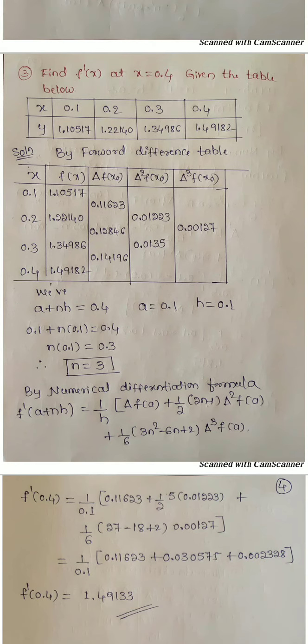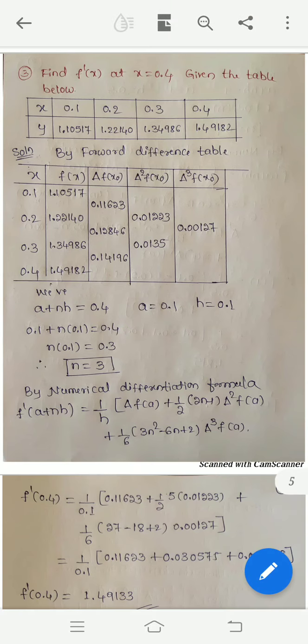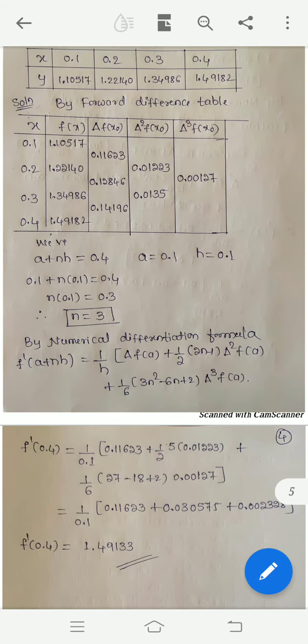So we have to calculate the n value. Here a plus nh is equal to 0.4. Therefore a is equal to 0.1 and h is equal to 0.1. If we substitute these values, we get n is equal to 3.